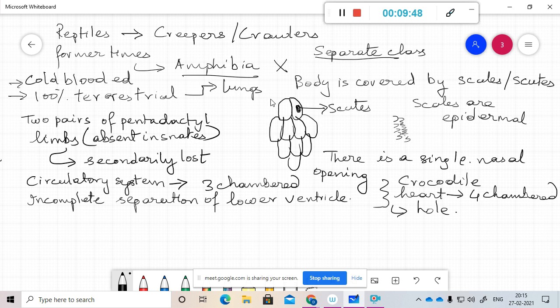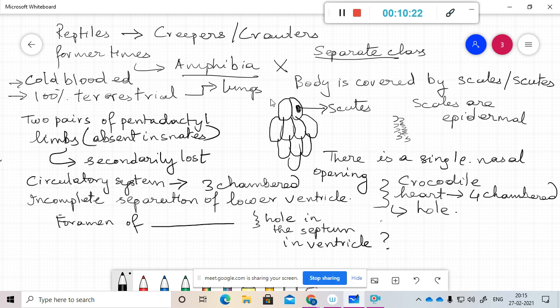In crocodile, it is known as, this is a home task. Foramen of Magnum. Foramen Magnum is what you have in your head. This is a homework, try to find out the hole in the septum in the ventricle of crocodile. It starts with a P. This will be your homework. Okay.